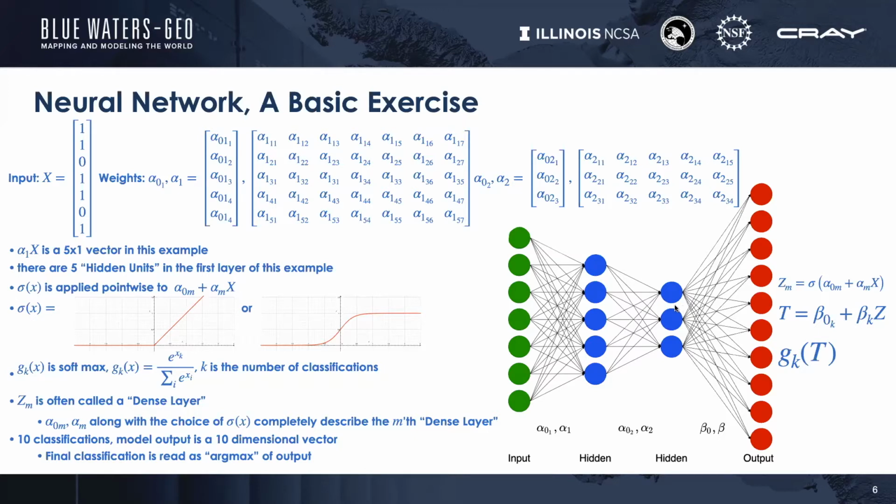Albeit it would take us a long time and be super boring. So in this diagram, on the left-hand side, each one of these green circles represents a dimension from the input data. In this example, our input data is a 7-dimensional vector. So we have 7 nodes.